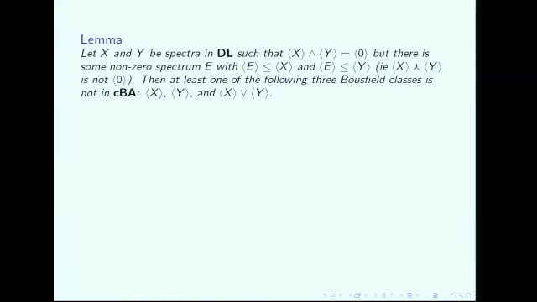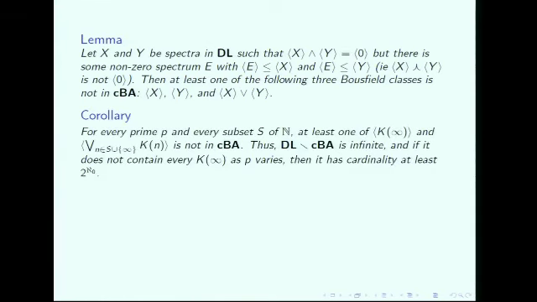And again, that's a similar flavor of proof. It looks like it's almost formal, but there is the issue of where different meets and joins are happening to worry about. So from that lemma, we've got this corollary.